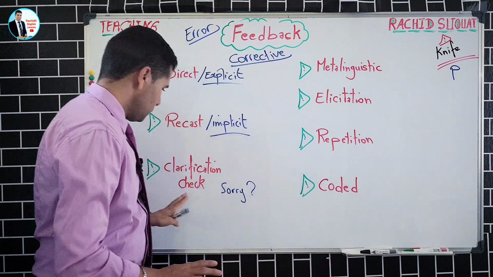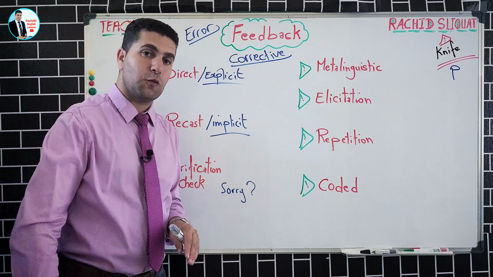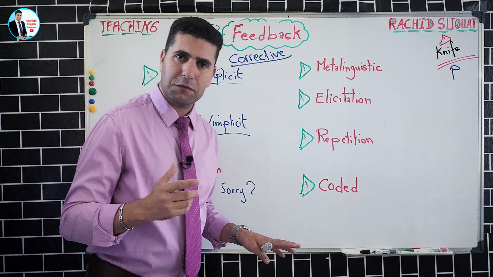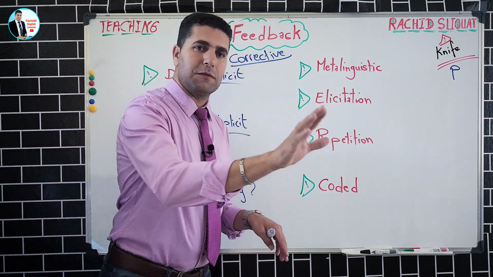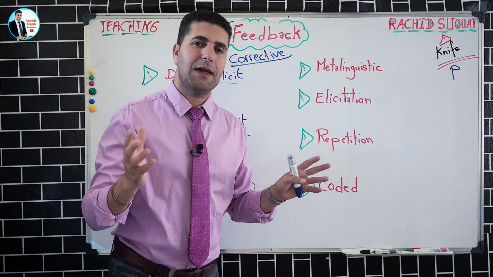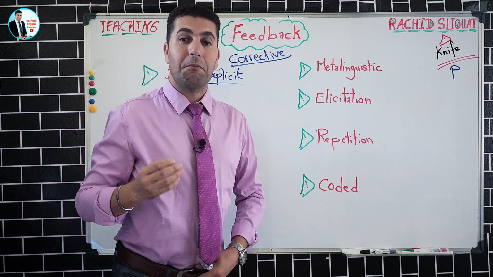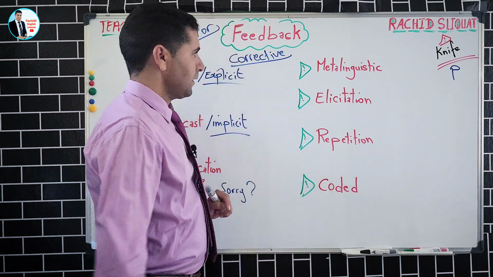So when the teacher asks for clarification in this way, it is a way to tell the student that he or she made an error, and the student might correct himself or herself. So this is clarification check.